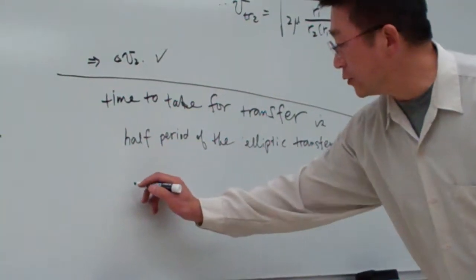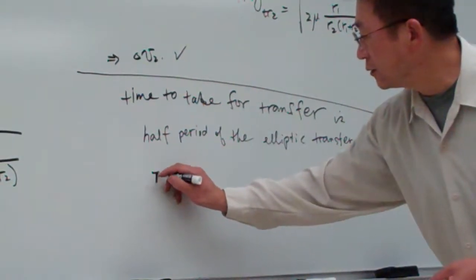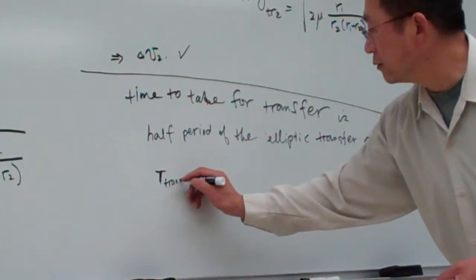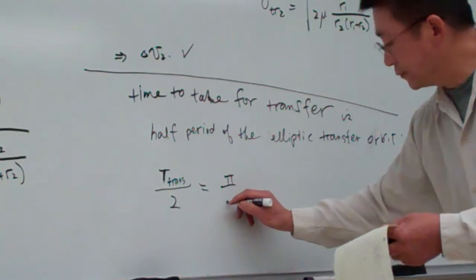Basically, that is equal to T transfer over 2, which equals pi times the square root of a cubed over mu.